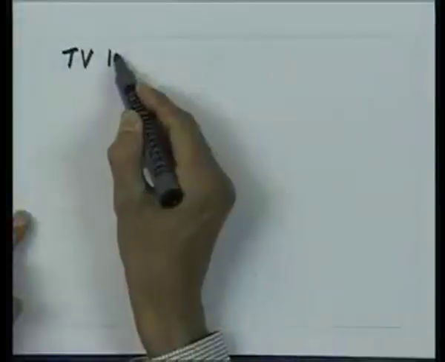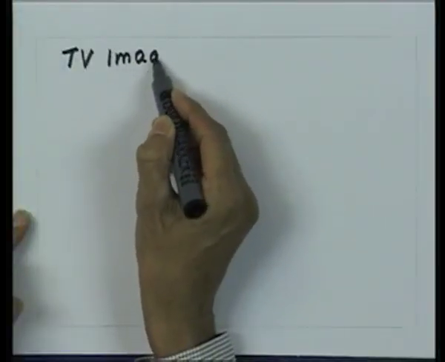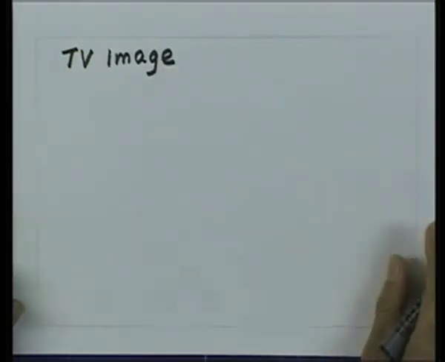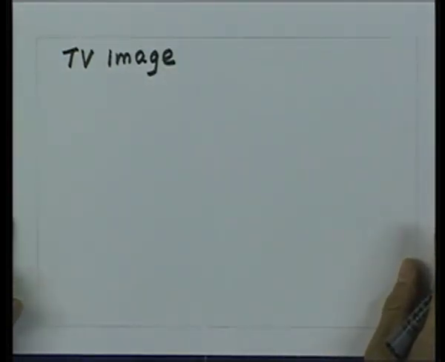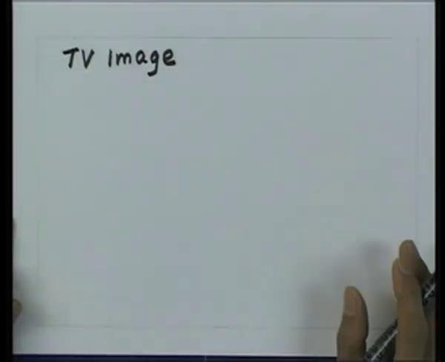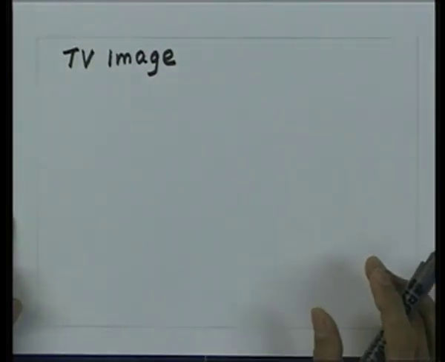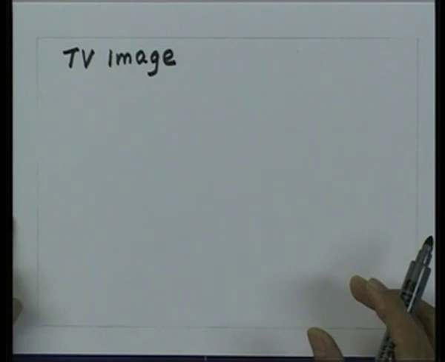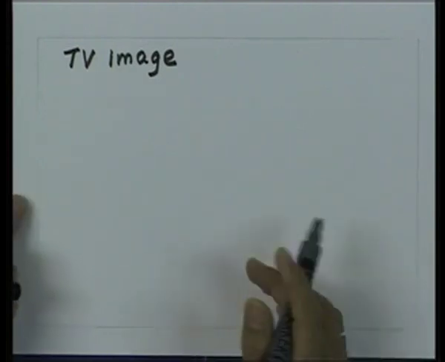Okay. With this, let us go ahead and try to calculate the amount of information for a specific case, say a TV image. Suppose I have a TV image and using this definition for information, if I ask you to calculate the information which I get when I view one TV image, then this can be done as follows.